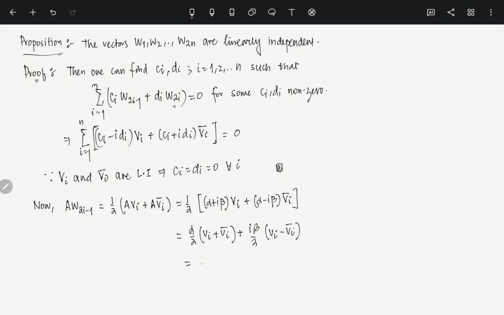Now if you write it down, this is nothing but alpha times W_{2i-1} minus beta times W_{2i}. Clear? So now what we are doing is this: we have a linearly independent set of vectors, and we want to see what happens when A acts on those vectors. So A of W_{2i-1} is this.